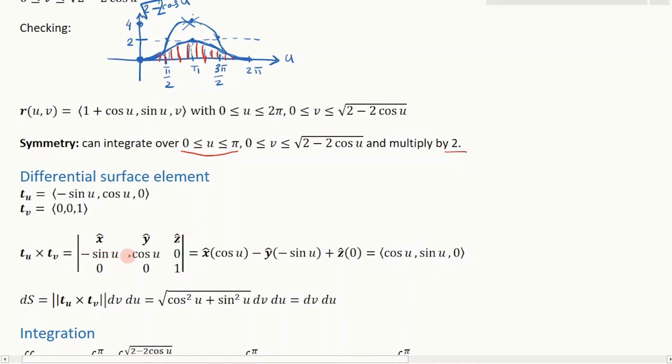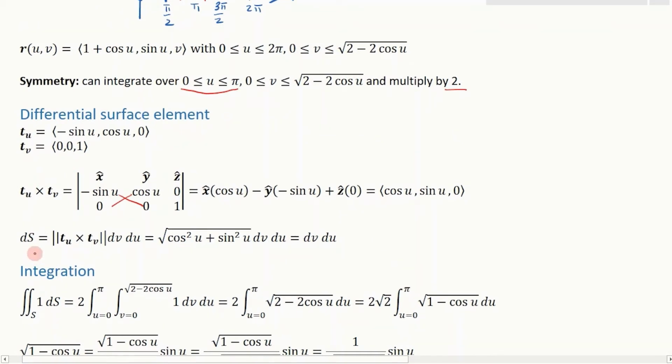Taking the cross product like this, we have cosine u minus 0, then minus y hat times this determinant, we get negative sine u minus 0, and then plus z hat times 0. So we have cosine u, sine u, because negatives cancel, and 0.